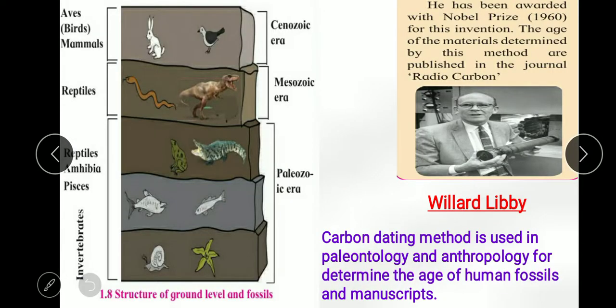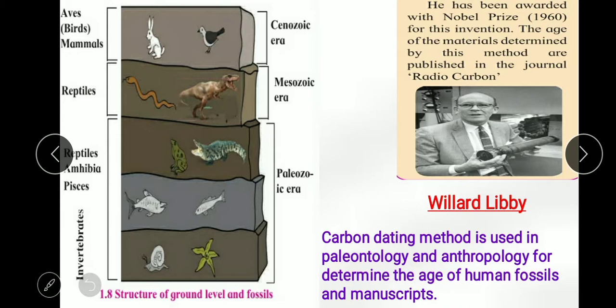Here when you see the picture, students, you can see there are different layers of earth crust, different ground levels, and in these ground levels different living organisms are buried inside.